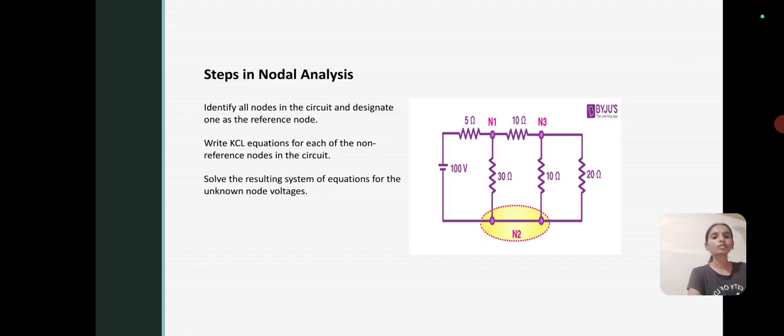And then we have to apply KVL equations for each non-reference node in the circuit. Then we have to solve the equations for unknown node voltages. In nodal analysis, we will be calculating the voltages of each node of the circuits.